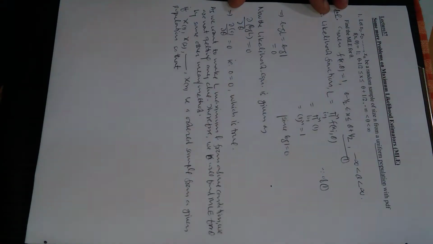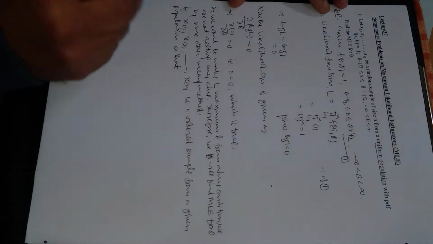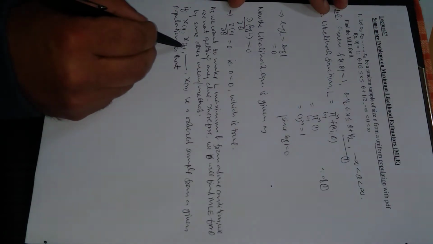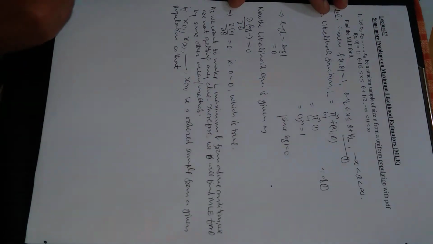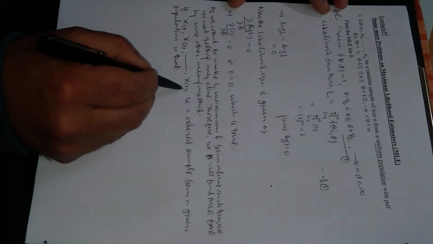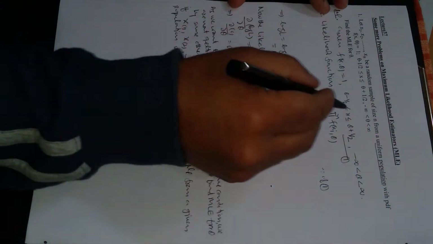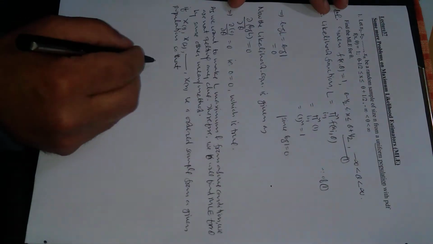Ordered sample means whatever is written in brackets is the rank of this sample observation. So the higher the number in brackets, the larger the sample observation. This is the smallest sample observation, and this is the largest sample observation.